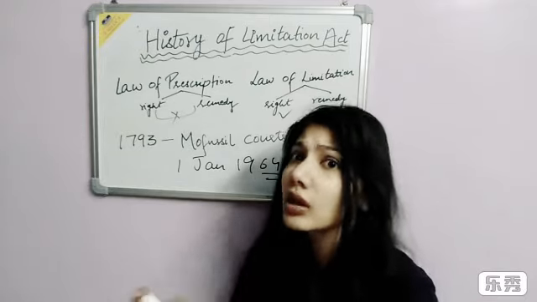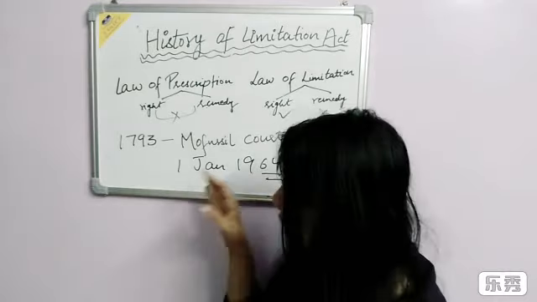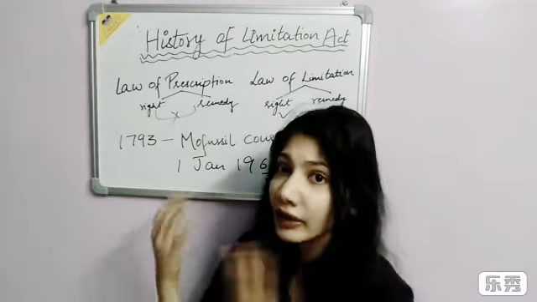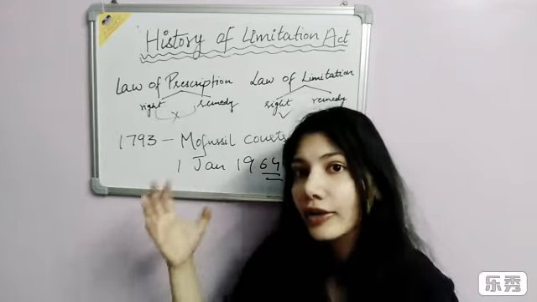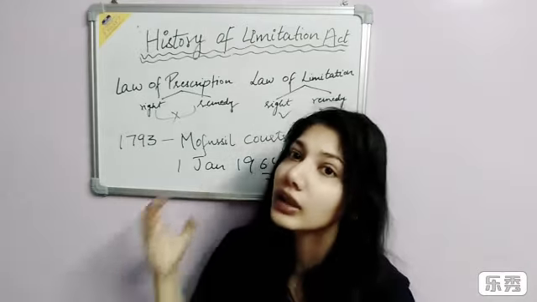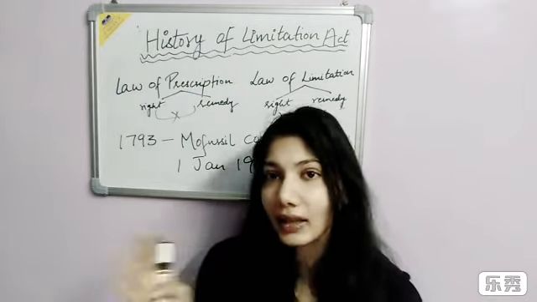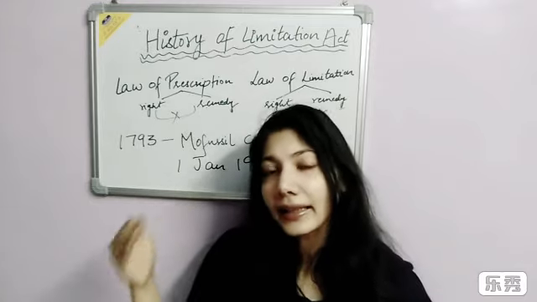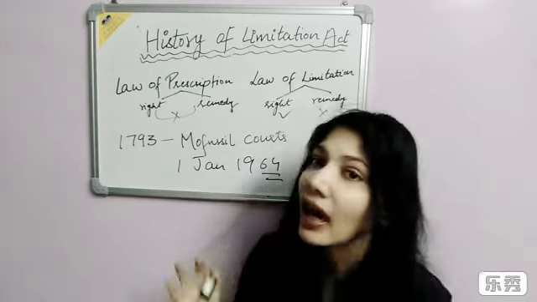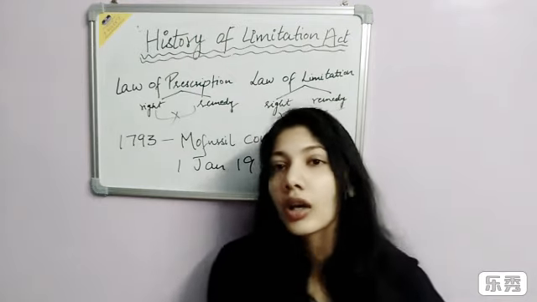Various rules and regulations were passed in 1793, and in the Mofussil courts and presidency towns they followed different laws of limitation. In 1859, an attempt was made to introduce a uniform Limitation Act, and ultimately it came in 1862, but this act was replaced by the 1871 Act, and then in 1877, and ultimately the present act is 1963, which came into force on 1st January 1964.